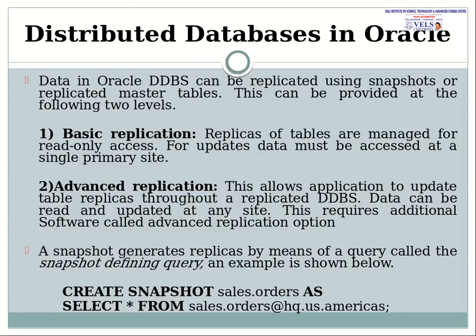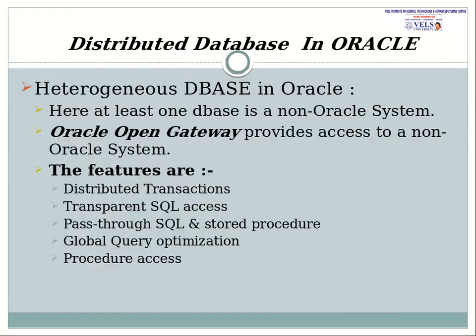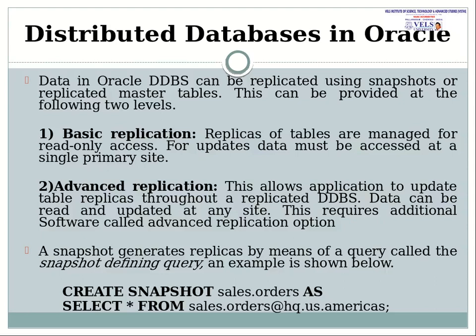You just create snapshot sales.orders as select star from sales.orders at HQ.US.Americas. Whatever recent transactions are performed, the latest transactions will be backed up, and the snapshot will be taken from this sales.orders backup file.